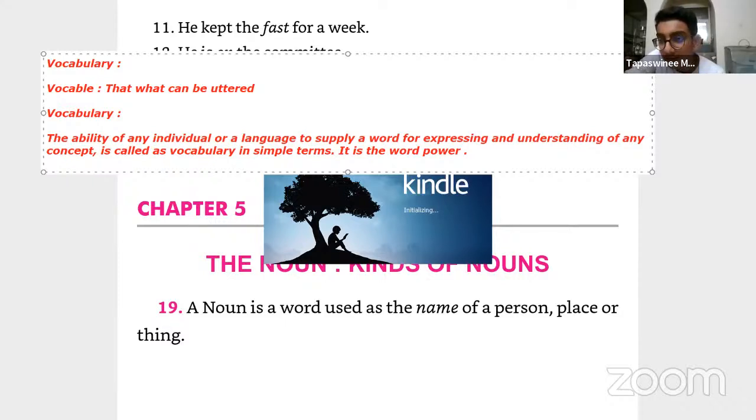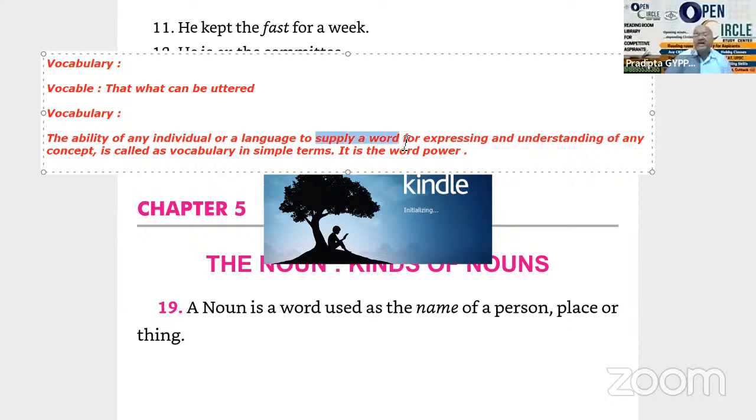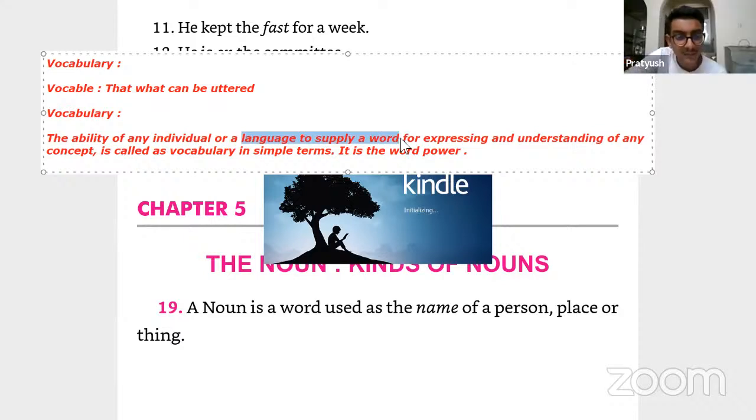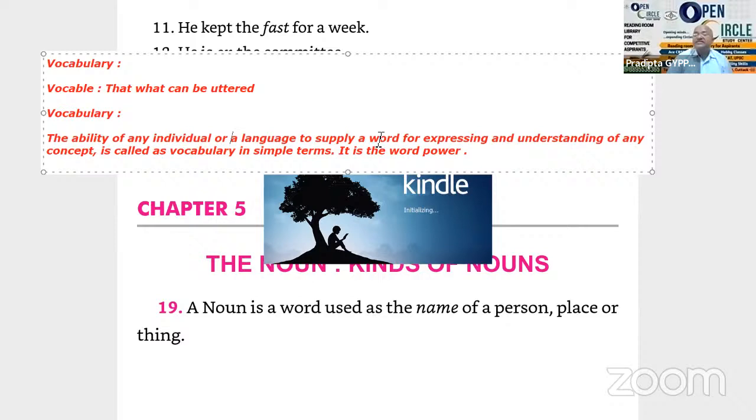Yes, sir. So how do you say that in Hindi? Sir, we don't have a specific word for LCD monitor. So that means we are not able to supply a word as a language for a concept. Understood? Yes, sir. So this is called the language's ability to supply a word.